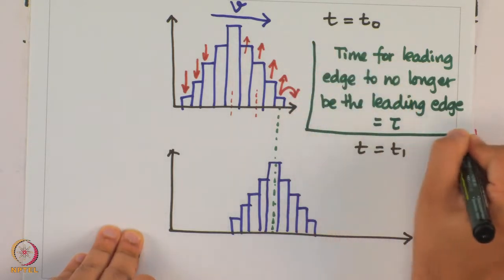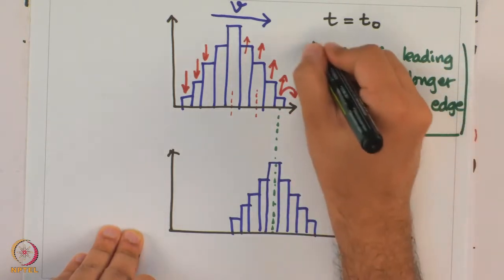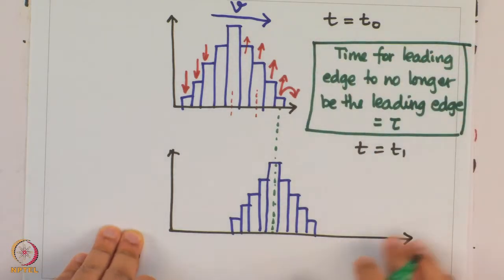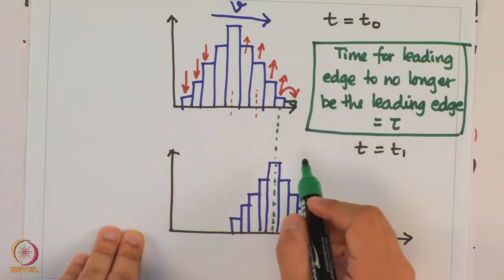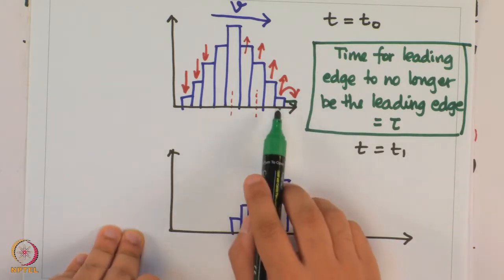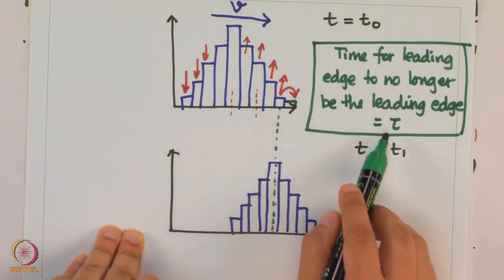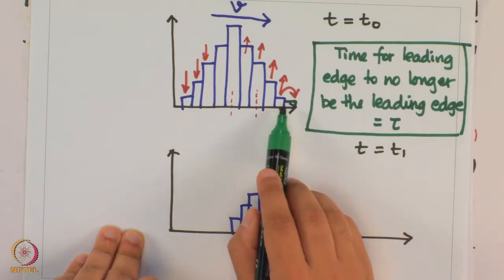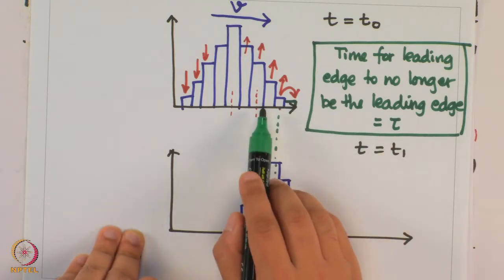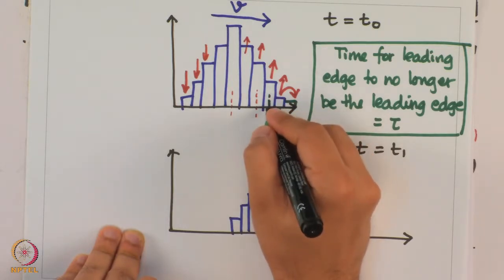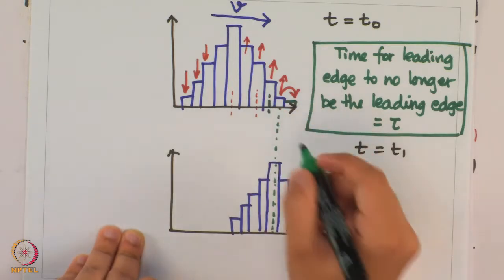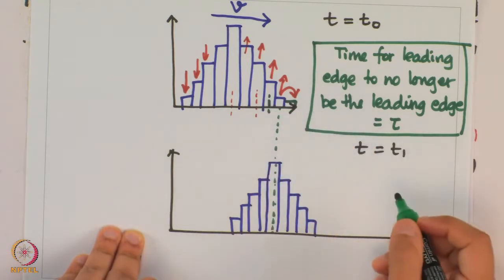What that means is that the leading edge is no longer the leading edge, but is now second in this distribution. That means in time tau, the leading edge becomes the second one, which means in time tau, the distribution which was second to the leading edge will now become third when I am counting from the leading edge.